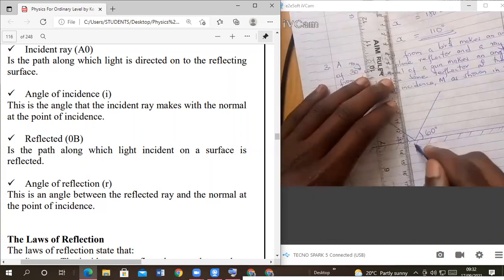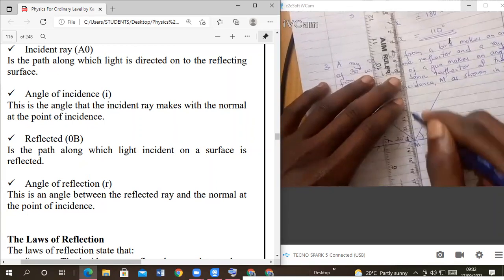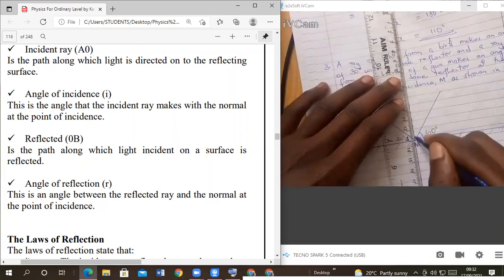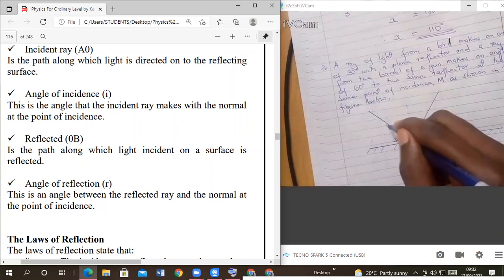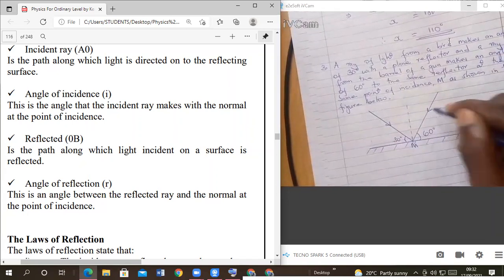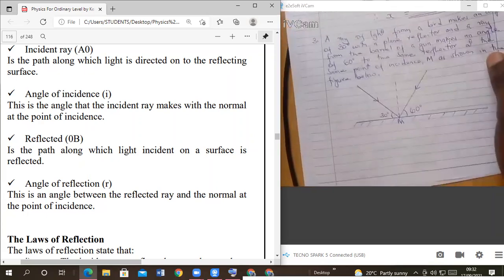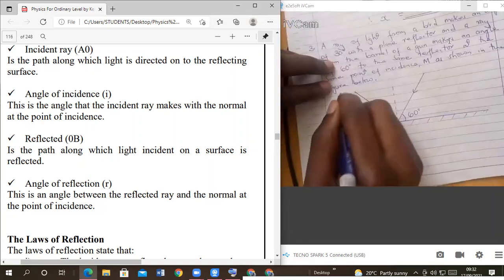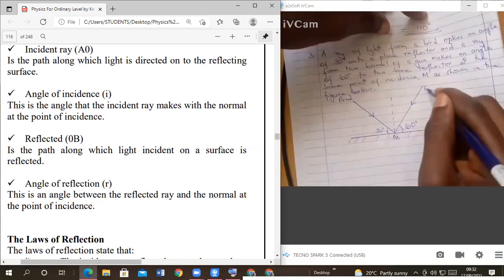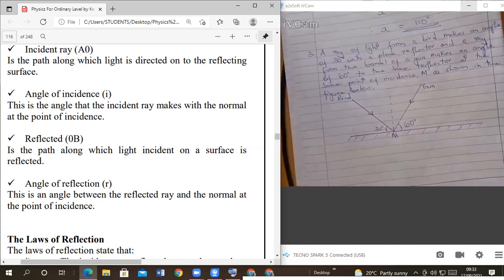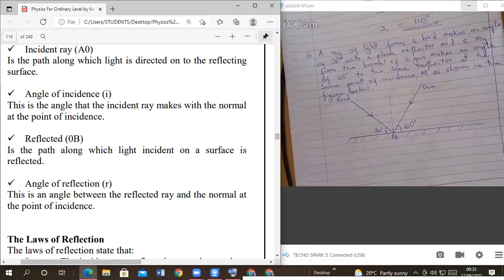So this is the point of incidence M. So this is our normal. So this is the incident ray. All are incident rays. This one is from the bird. Then this is from the gun barrel.